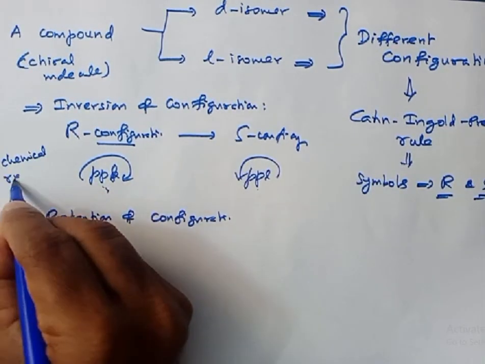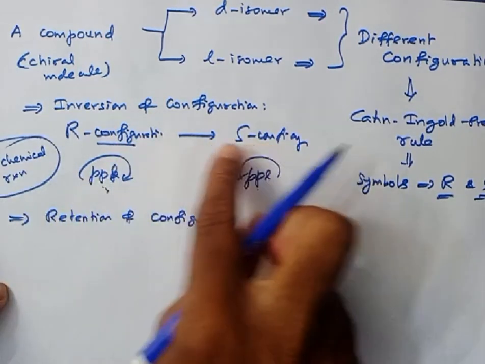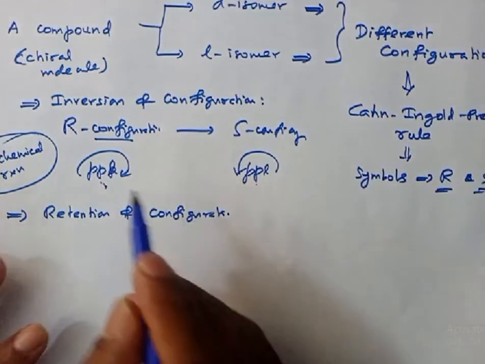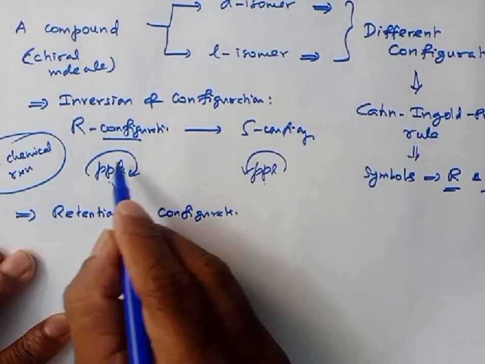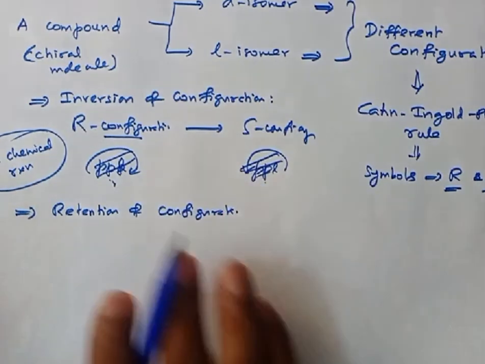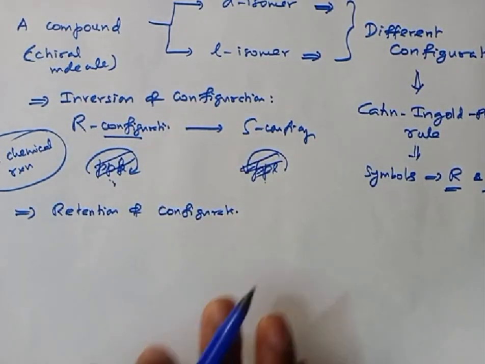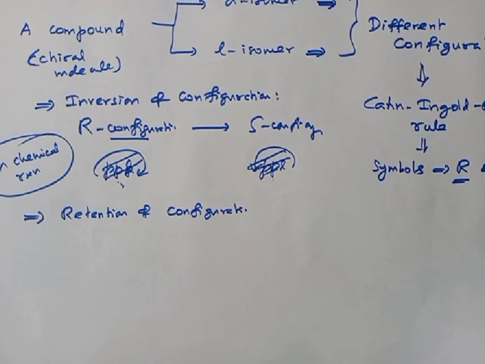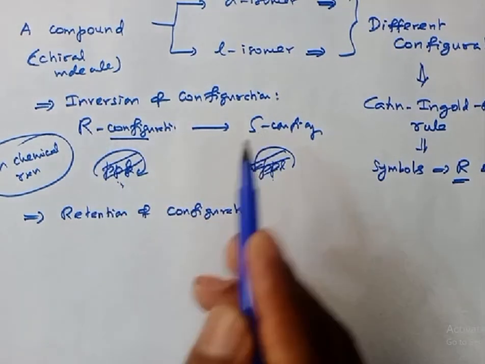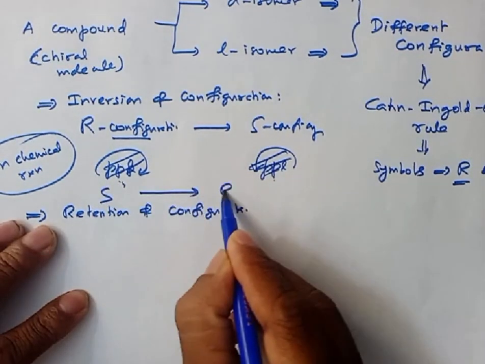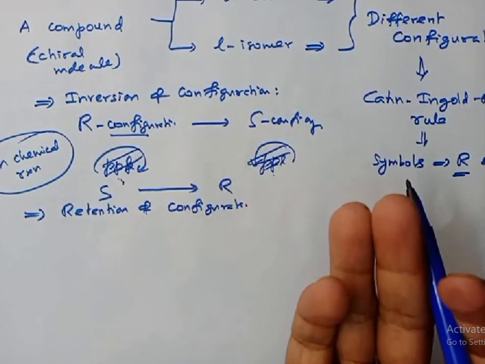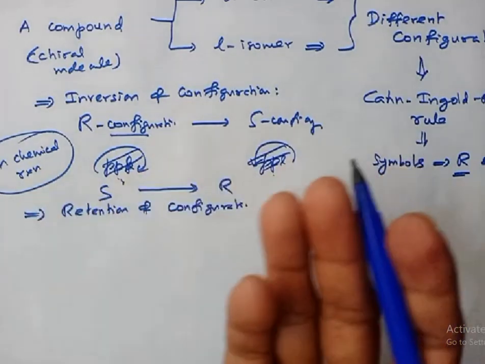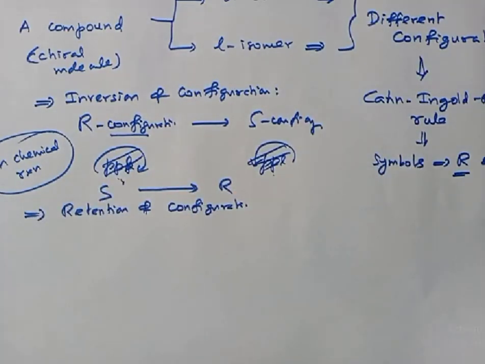In a chemical reaction, you should be a little careful and check whether the two are isomers or not. It may be a different molecule also. Inversion of configuration means R becomes S or S becomes R. The R and S may be isomers or may not. Is this clear, students? Any doubt?